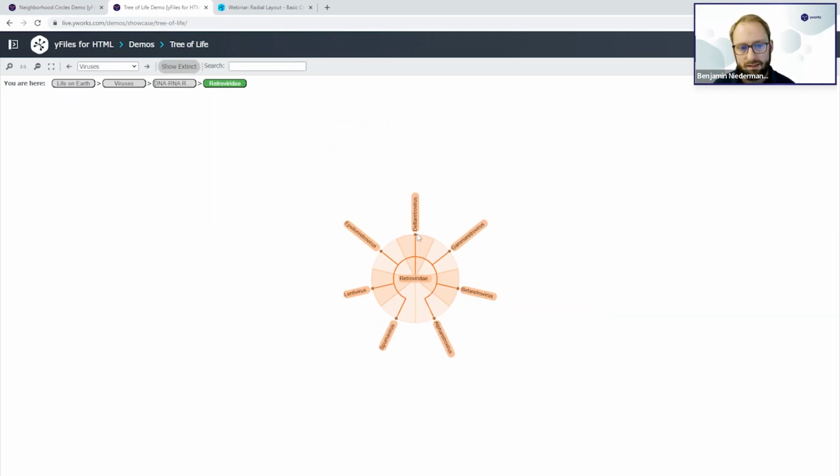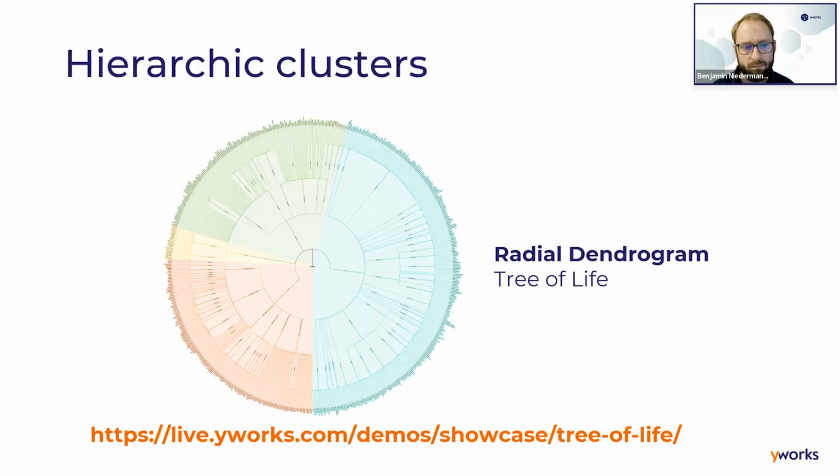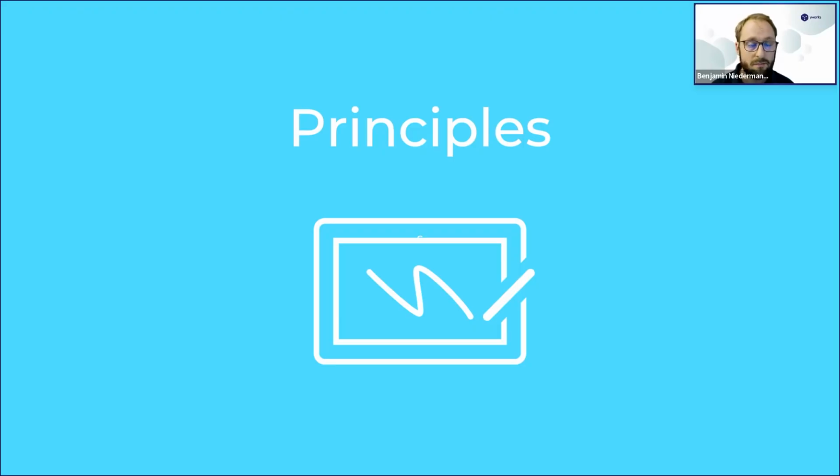And with this, I can basically zoom into the data, filtering out data that I'm not interested in. So this should give you some motivation for when to use the radial layouts. And now I would like to explain the main principles that are helpful to understand how to configure this layout.